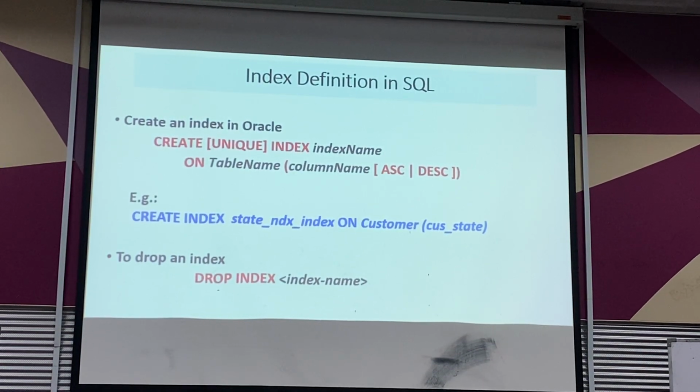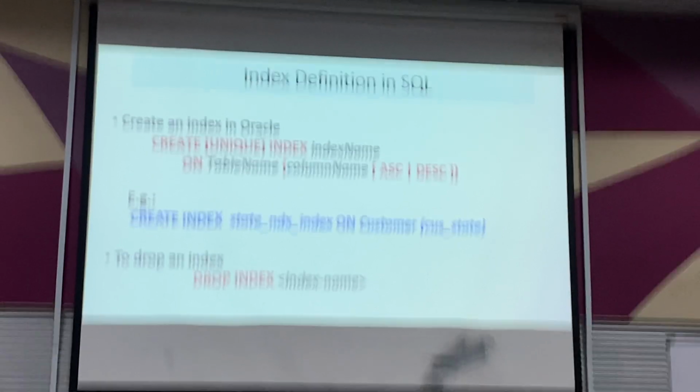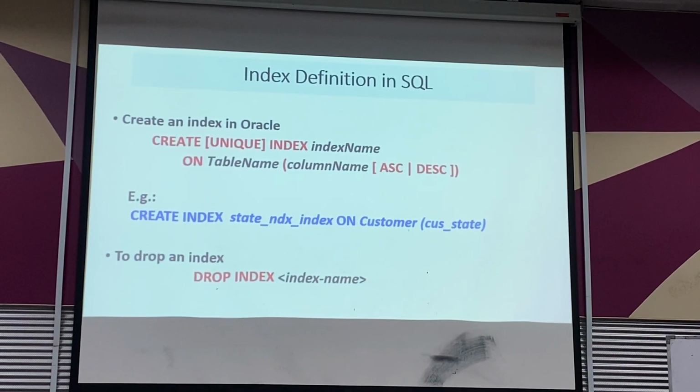For example, IC number, email. Some websites use this to verify whether someone sends an email to apply twice, something like that. Then these two columns, name and email, you can create an index on.